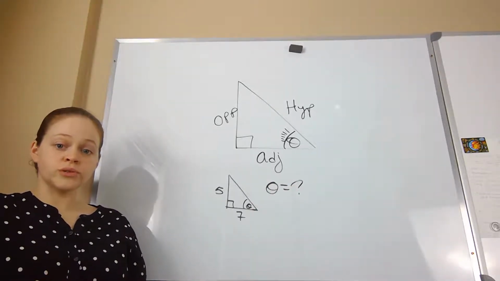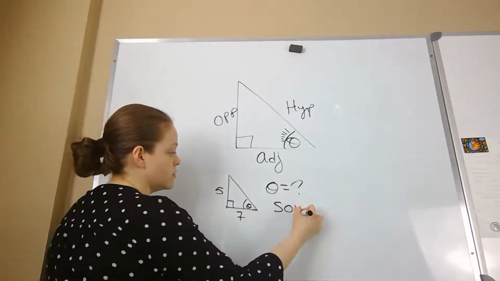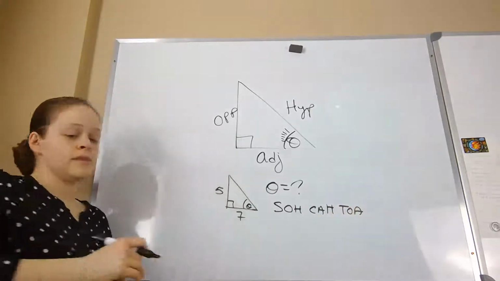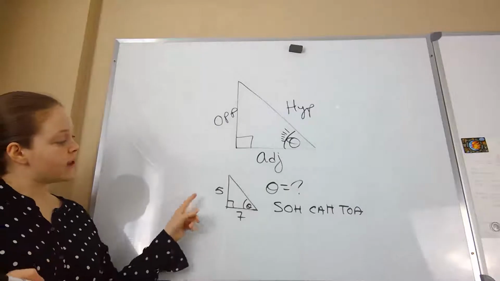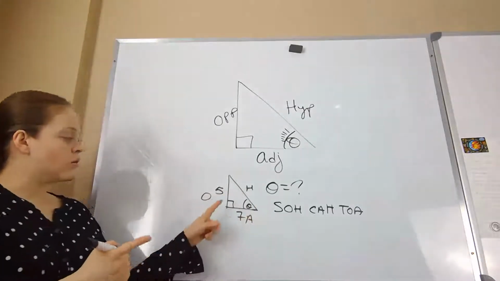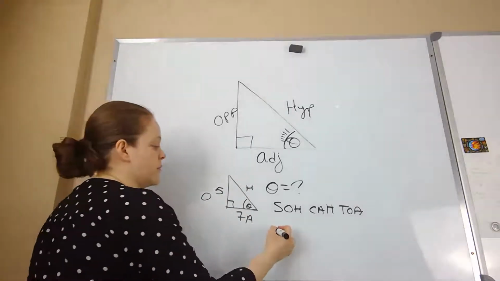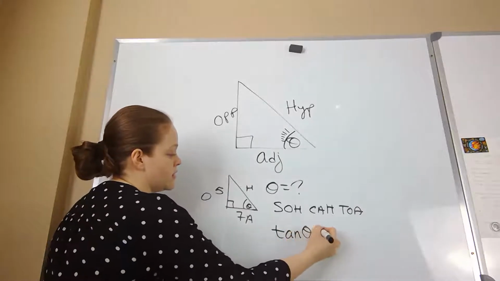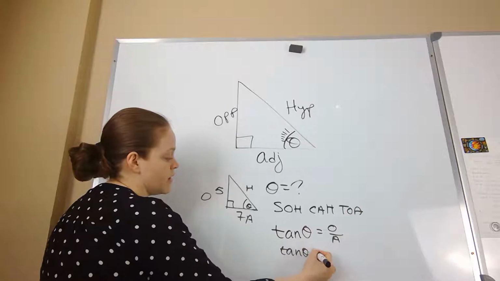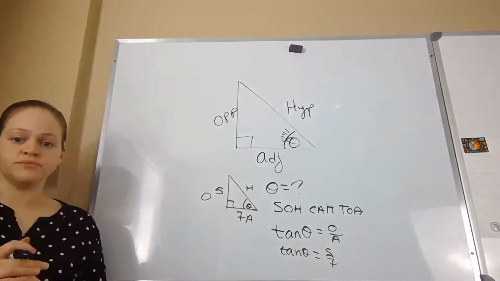To do that, we need to look at our SOHCAHTOA, right? We label our triangle: hypotenuse, opposite, adjacent. We have the opposite and the adjacent, so we use tan. Tan of the angle is opposite over adjacent, so tan of the angle is 5 over 7.